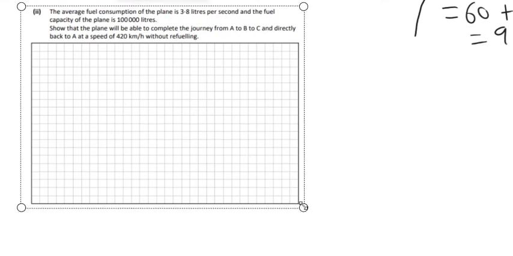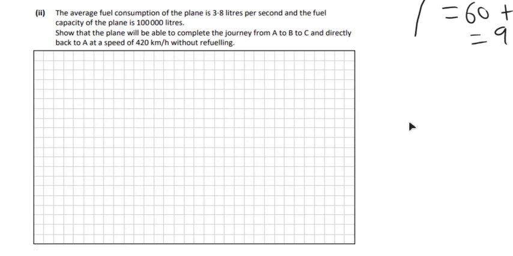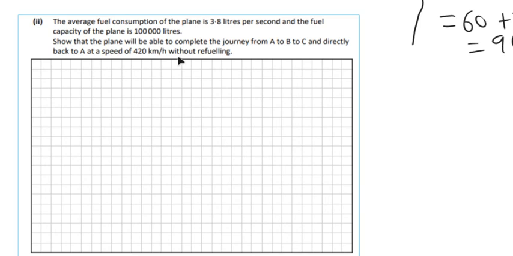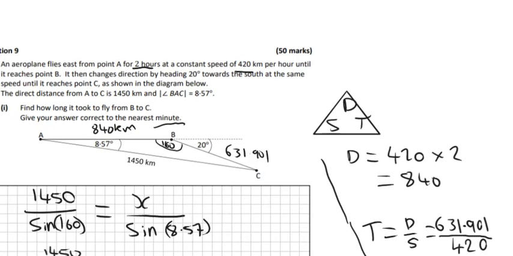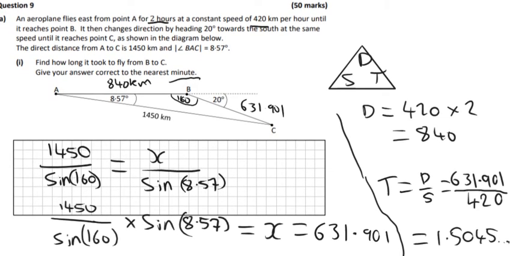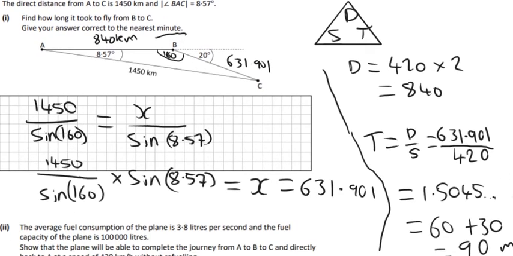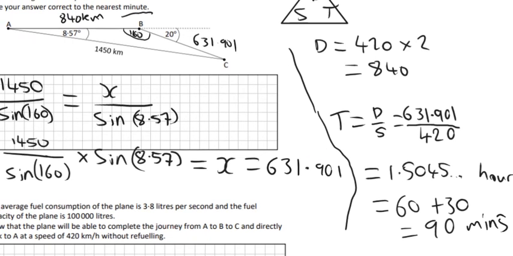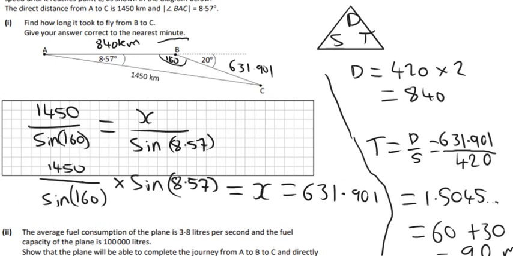Right. So the second part then, it's about fuel consumption. So they're asking us, can it fly all the way around? So can it go from A to B to C and back to A without refueling? So you can fit in some of the things that you know already. So this was the distance here, that's kilometers.